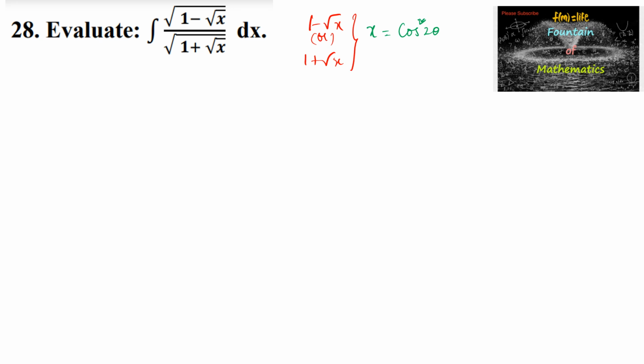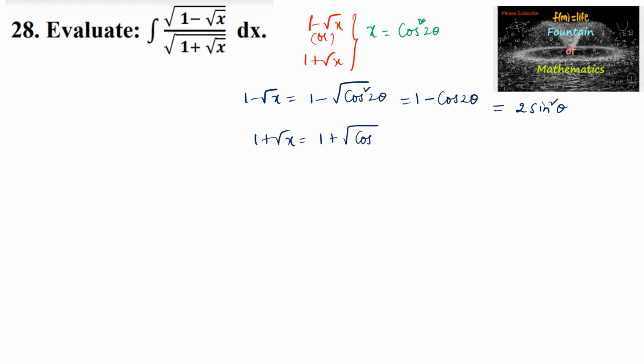1 minus root x is equal to 1 minus root of cos square 2 theta, which is equal to 1 minus cos 2 theta. 1 minus cos 2 theta is 2 sin square theta, and 1 plus root x is equal to 1 plus root of cos square 2 theta is equal to 1 plus cos 2 theta is equal to 2 cos square theta.